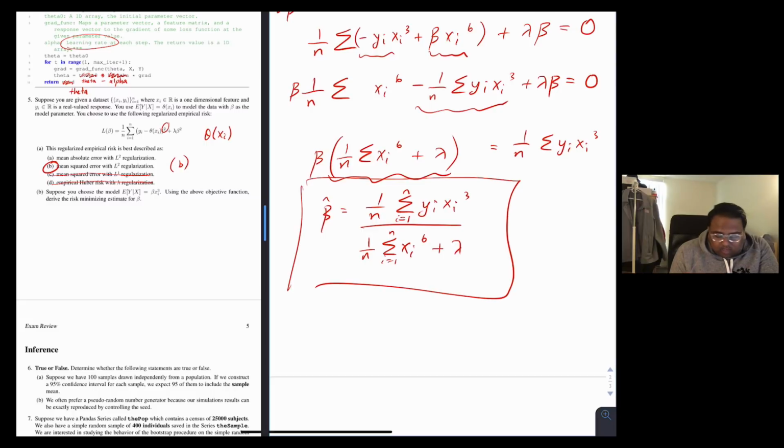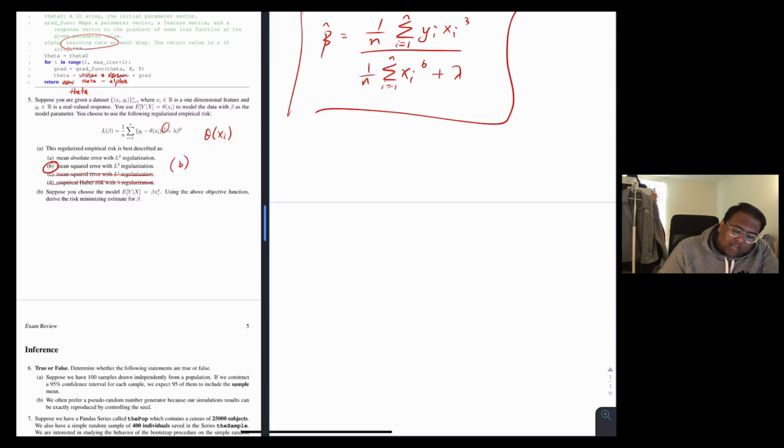Okay? It does look like it kind of came out of nowhere, but it might look slightly familiar if you remember one of the results from a little earlier in the semester, when we also used squared loss without regularization. Our model was something like yi equal to beta times xi, so without the cubed.